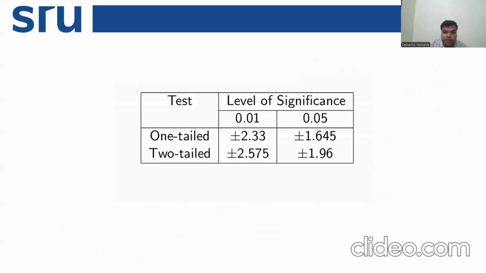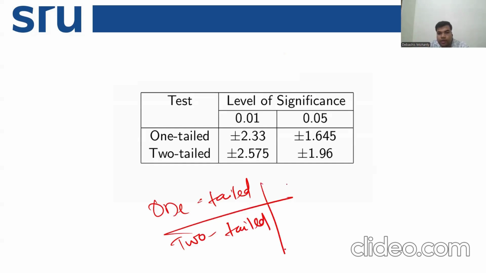So what is the formula, students? This is very important for you. These are the tests, whether it is one-tailed or two-tailed, and based on those we have the level of significance, either 0.01 or 0.05.